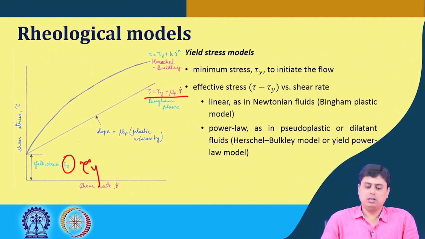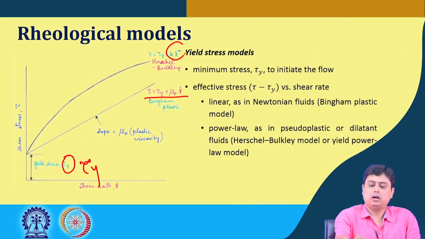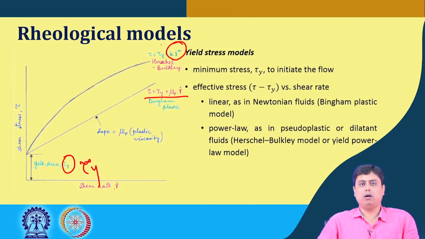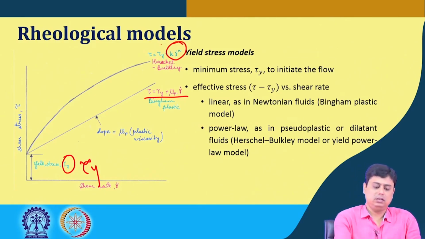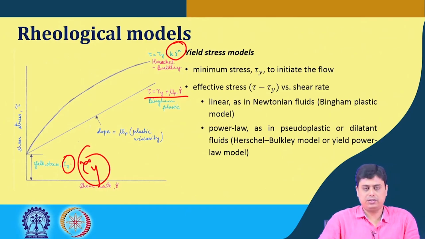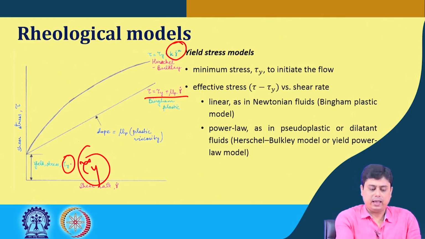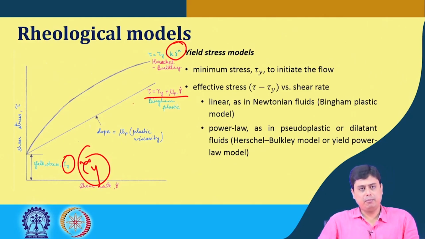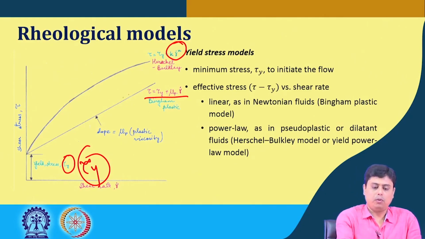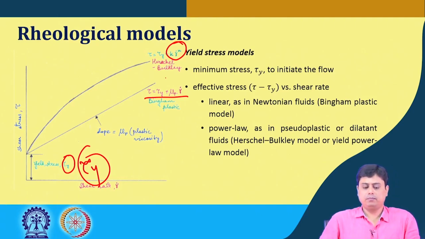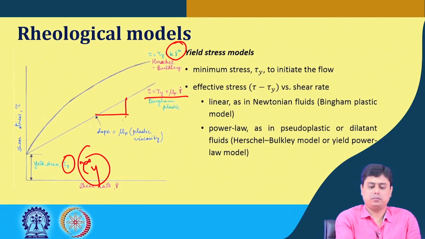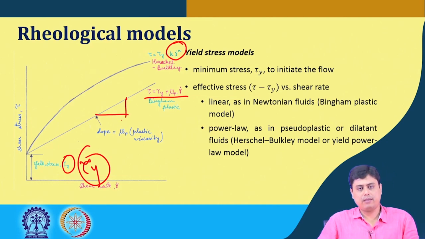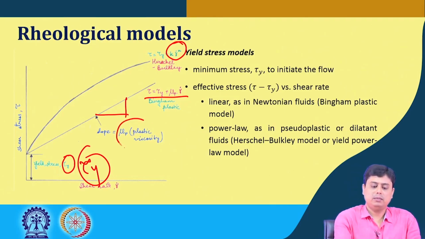In case of Herschel-Bulkley, it is the component that we have seen for the power law plus the yield stress. In Bingham plastic, the slope of this straight line gives a viscosity measurement. In the Newtonian case that is the absolute or dynamic viscosity, but in this case we call it the plastic viscosity.